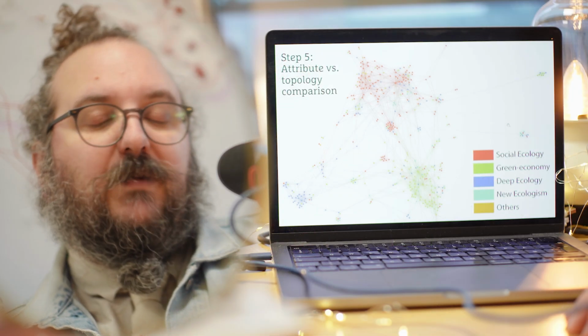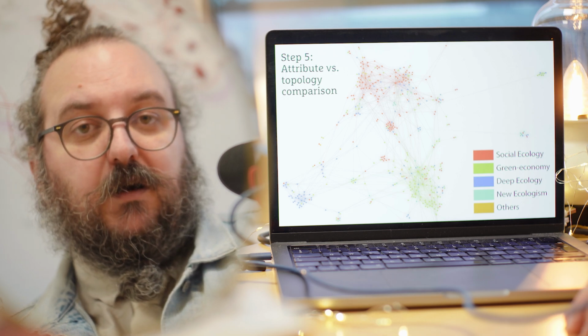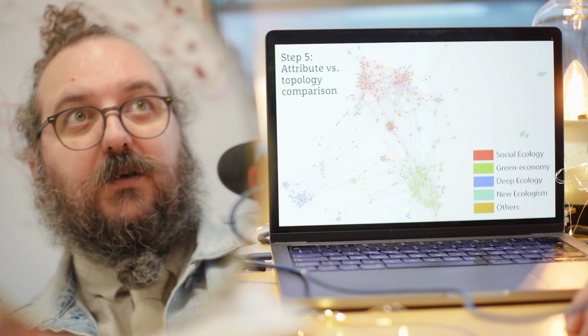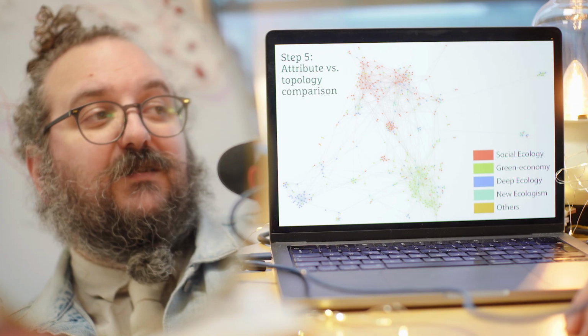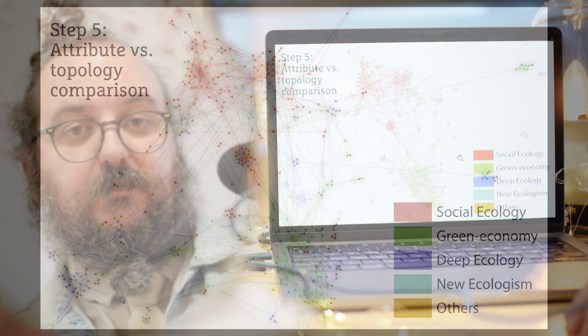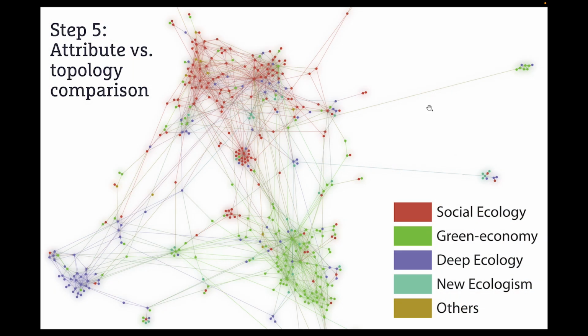And you can see a little bit, like for Divided Day blog, that each cluster is dominated by one color. It's not an absolute rule, but you can see that here on top, the cluster A is mostly red, so mostly social ecology, and this one is mostly green economy, and this one is mostly deep ecology.